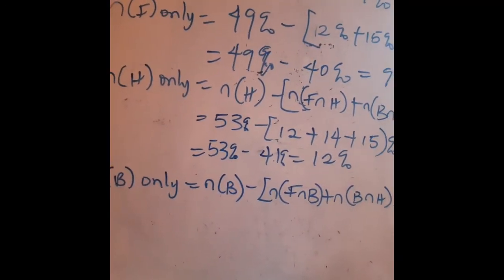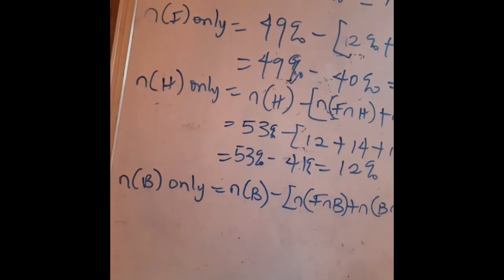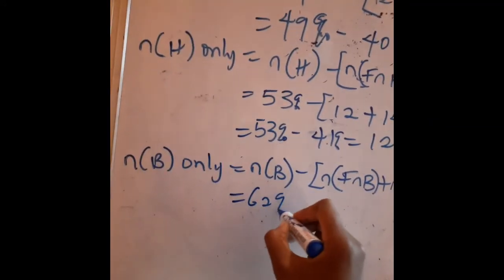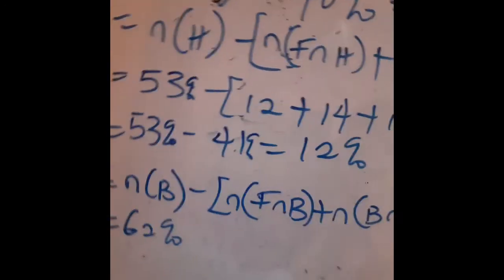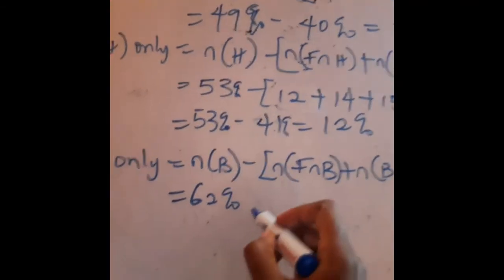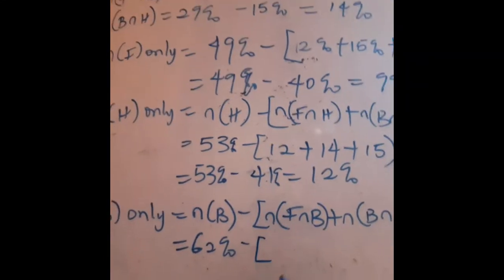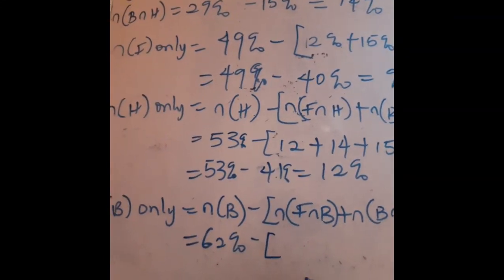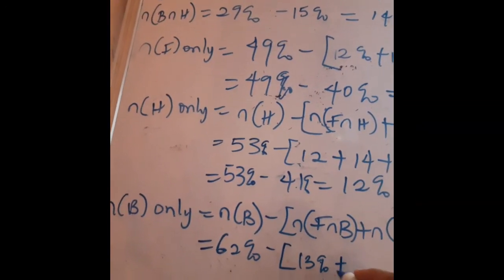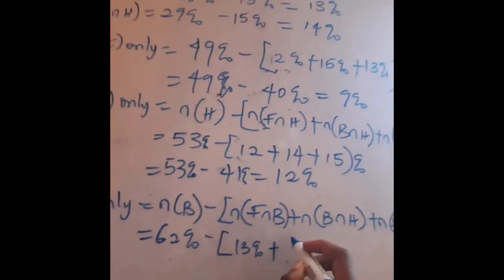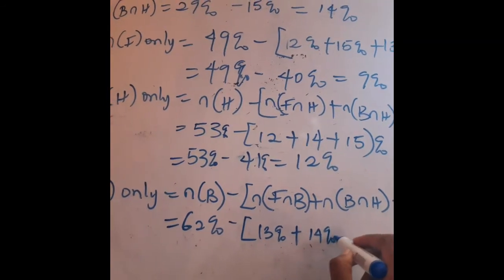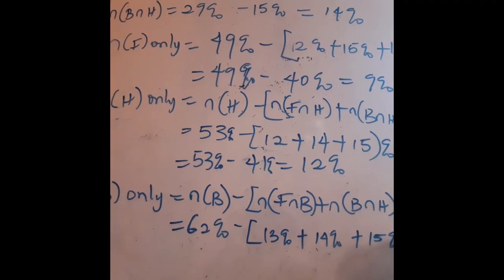So from our question, the percentage of students who like basketball only equals 62%. 62% minus the intersection of F intersection B, number of those that like football and basketball, which is 13%, plus those that like basketball and hockey, which is 14%, plus the intersection of everything, which is 15.